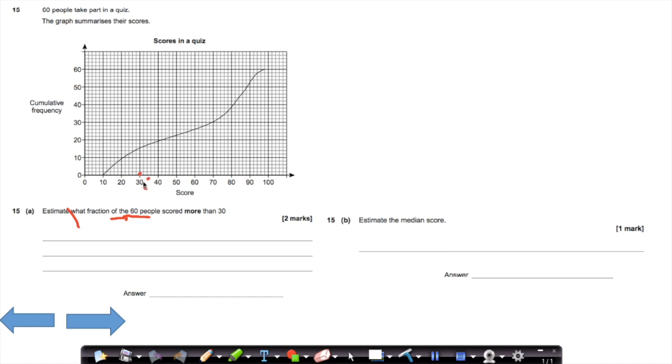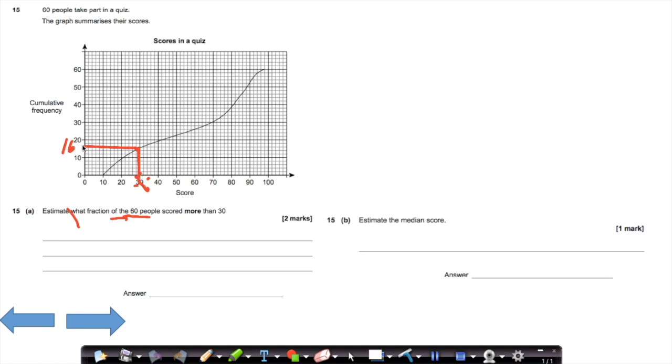If we go using a ruler directly up from there, and then directly across, we have to say how many people this is, and it looks like here 16. So 16 people scored 30.